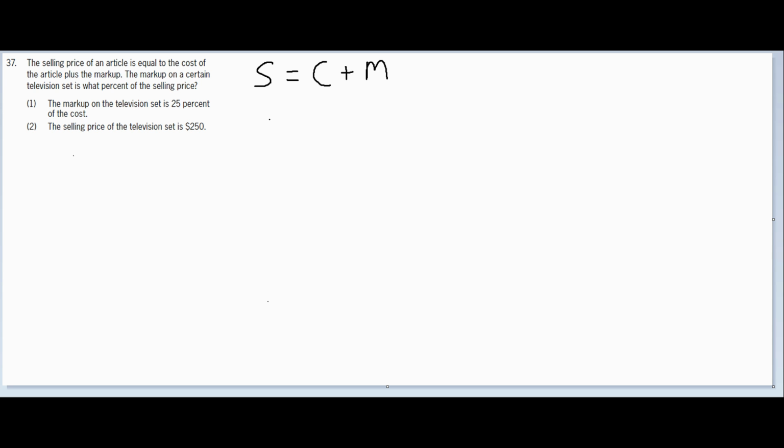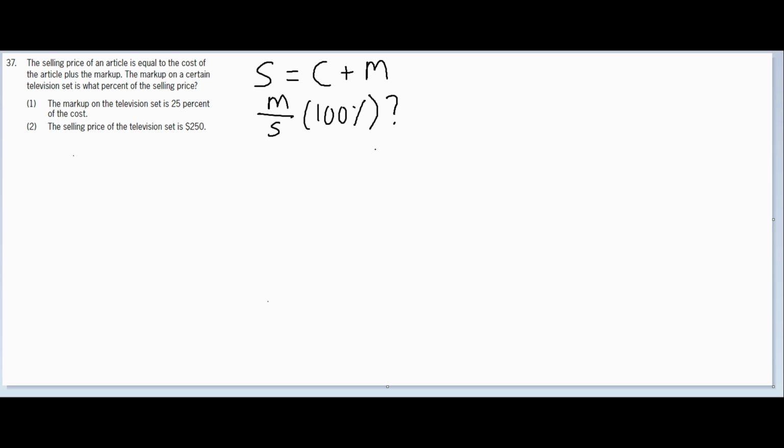And then the question part of it, the markup on a certain television set is what percent of the selling price. If we want to know what percentage of the selling price is the markup, we would do M over S times 100%.